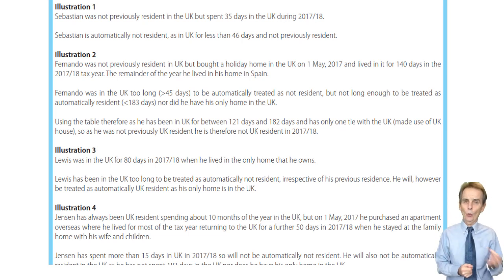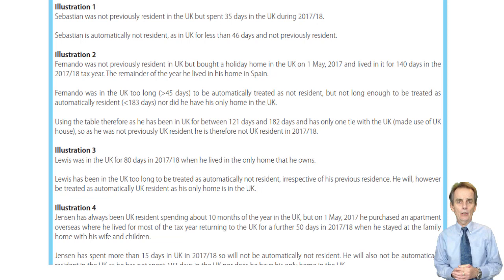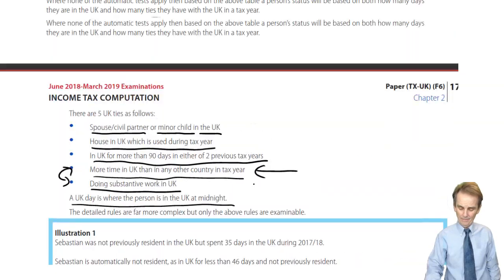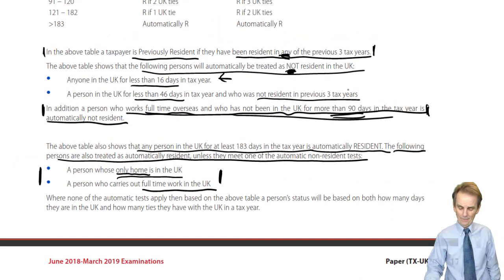But if you're neither automatically not UK resident or automatically UK resident, it is then about, again, based on were you or were you not previously resident in the UK in any of the previous 3 years, how many ties do you have with the UK, and how many days have you spent in the UK? And then we read it off that table there.